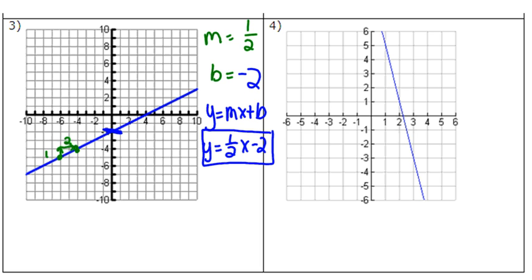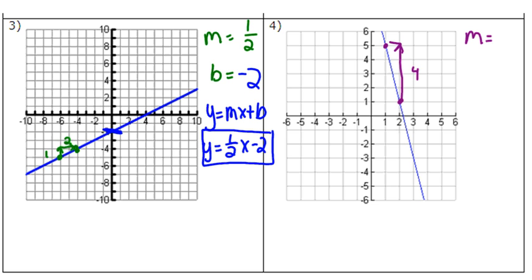So one more, number 4. Same thing. I'm going to find my slope first. So I have a pretty point here, I have a pretty point here. So I'm going up 1, 2, 3, 4. So my rise is 4.